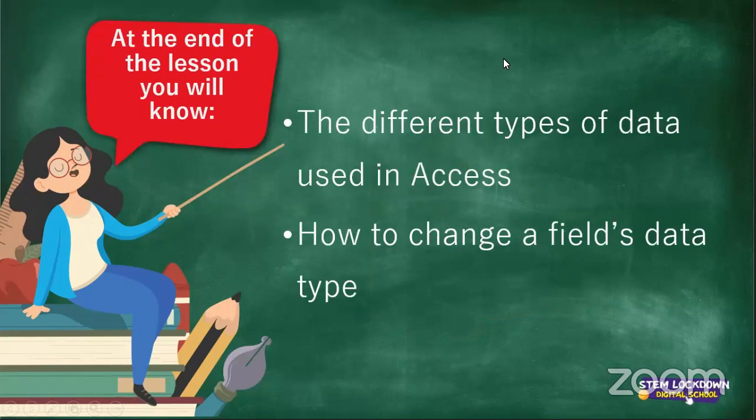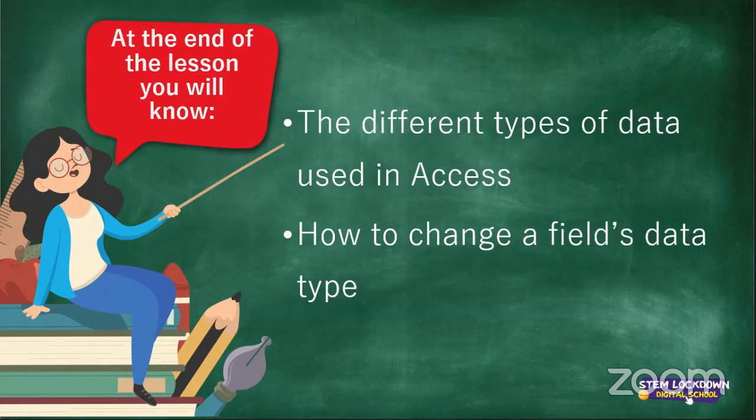I'm just going to give you a bit of a revision, a catch-up session on what we did yesterday, and also give you the learning outcomes of what this lesson is going to be about. What we are going to focus on today is two main sections of work. We are going to look at the different types of data that we use in Access.